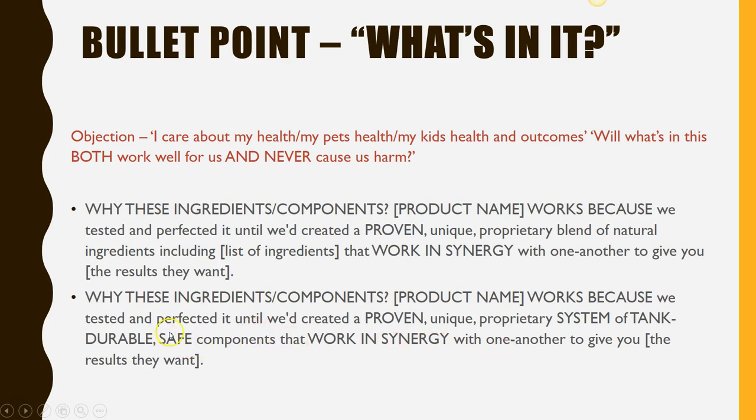You can list the metals, right? You can say German 440 steel, stainless steel, and copper alloys that work in synergy with one another and then you just want to give them the result they want, to maintain a sharp edge. And again, this is for a knife, to maintain a sharp edge that lasts for a lifetime, right? That won't dull, won't wear out.